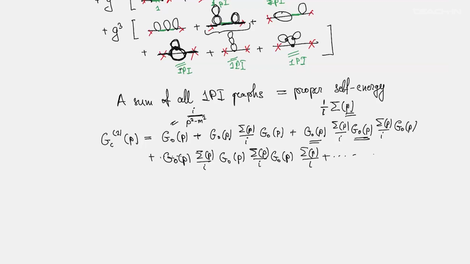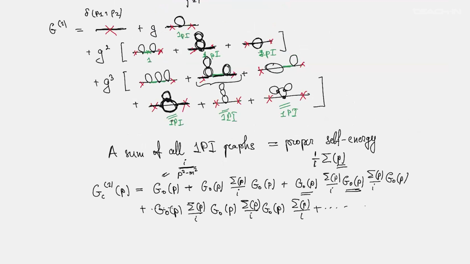Professor, can you explain the rule again? The rule is very simple. Again, what I'm doing here, I'm just restoring back in the whole sum of Feynman graphs the external propagators. This is this external G0 of P from the left and from the right.